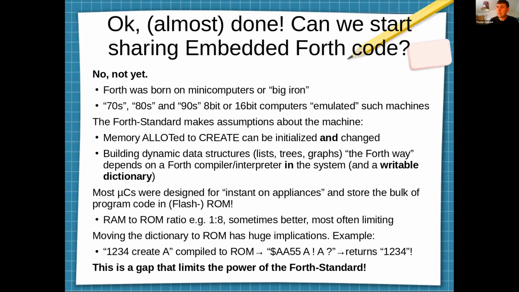If you write to that thing, you will get the old value. And this is a gap in embedded systems that limits the power of a Forth standard. As you remember, the Forth standard would be the thing that we need for sharing code.